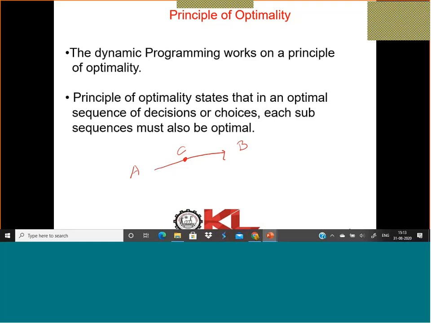Then from city A to C and from city C to B is also optimal.